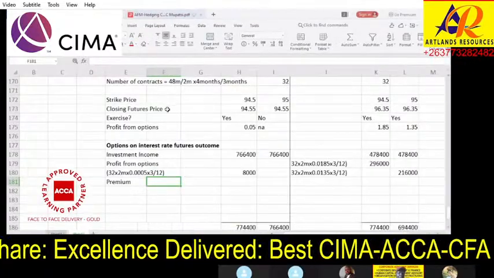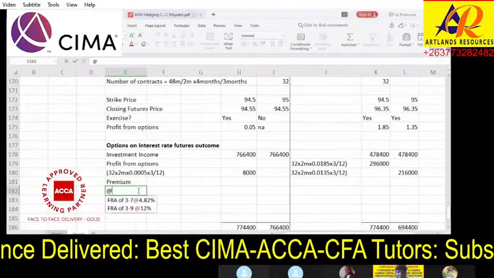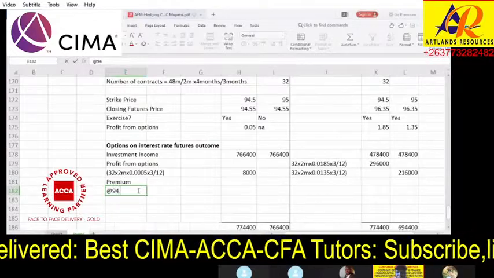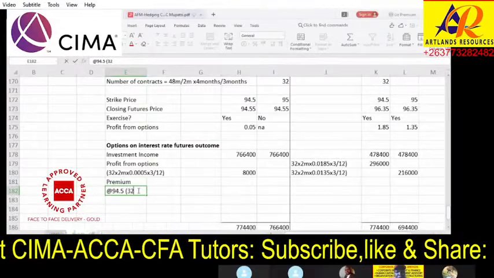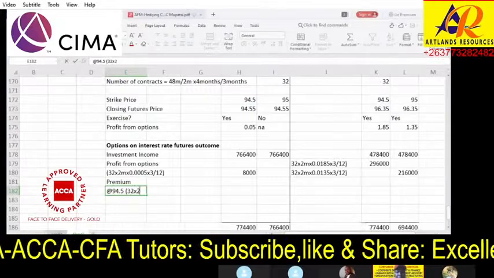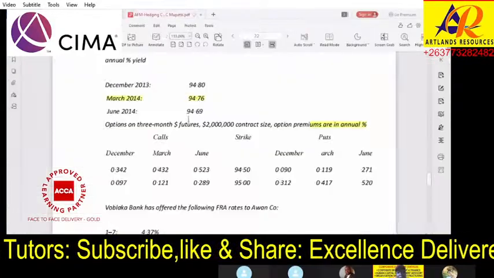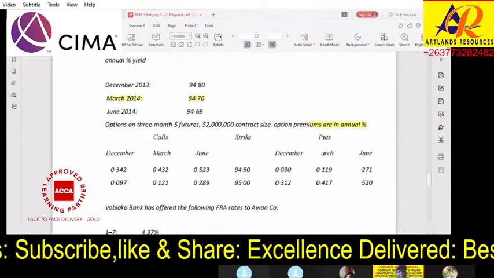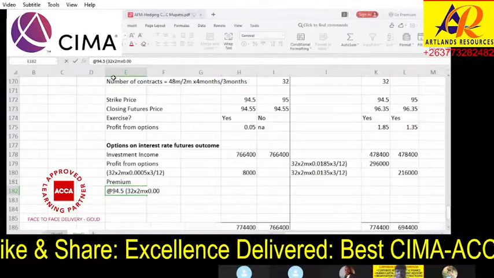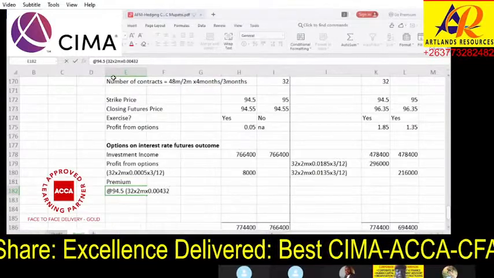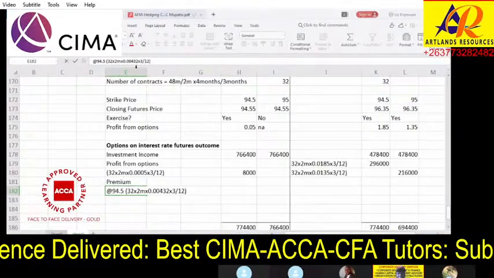There are 2 premiums that we have to calculate. So you say at 94.5, what is the premium? Remember, you have 32 contracts times 2 million times the premium, which is 0.432, but you put it as a percentage, so it becomes 0.00432 times 3/12. That's your premium there.